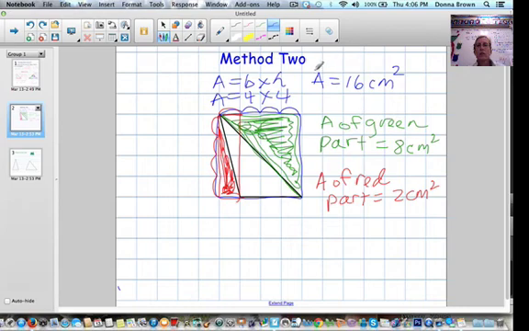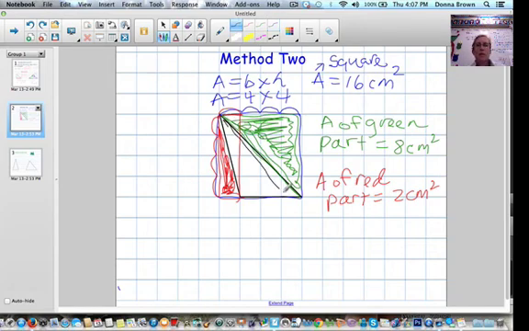So I'm going to put an arrow there, and we're going to say square, so we know that that 16 represents the area of the square. We also know that the green part is 8 square centimeters, and this red part over here is 2 square centimeters.